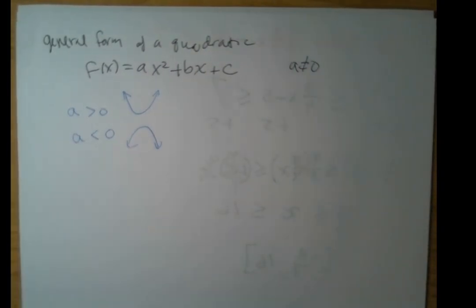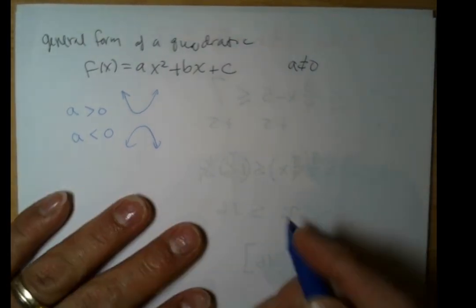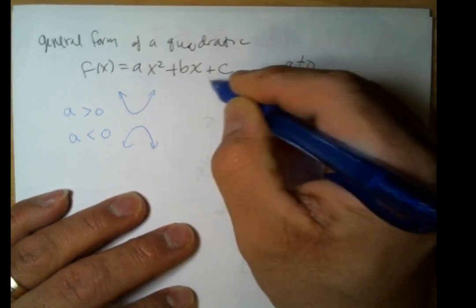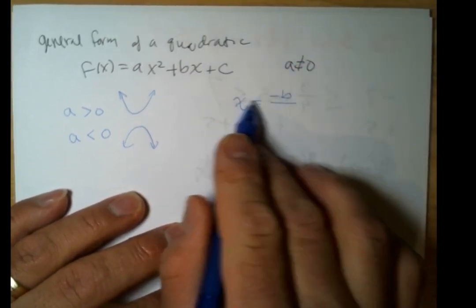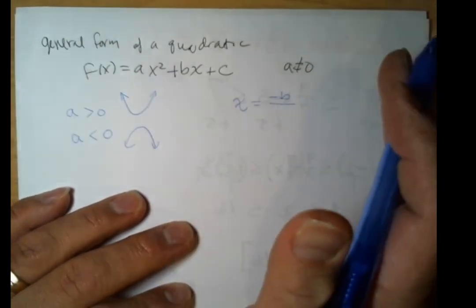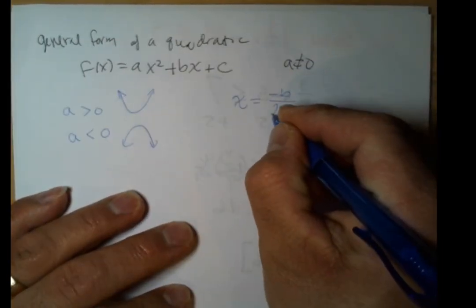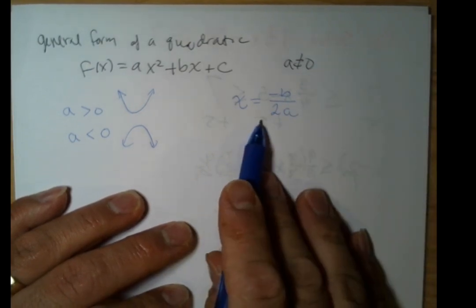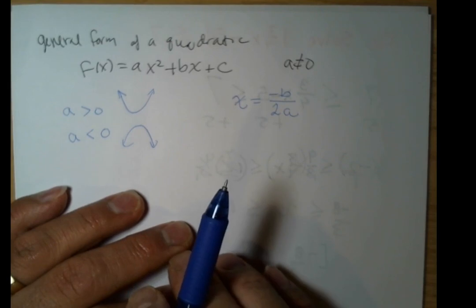Now, if we recall from going over the graph, the axis of symmetry can actually be found by taking negative whatever the value of b is, which itself may or may not be negative, all over 2a. That would be the axis of symmetry.